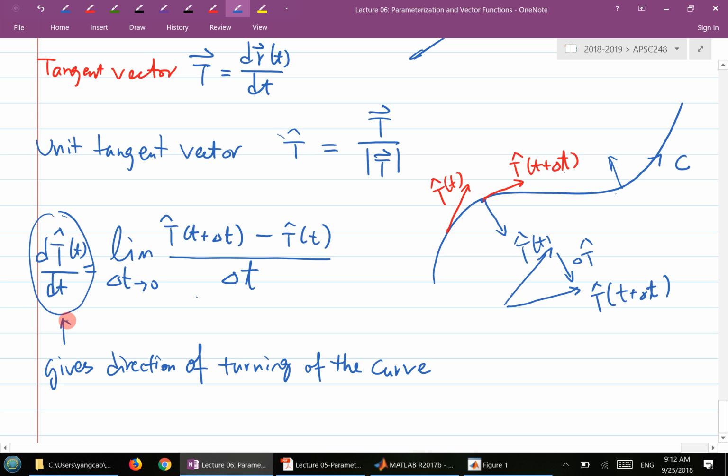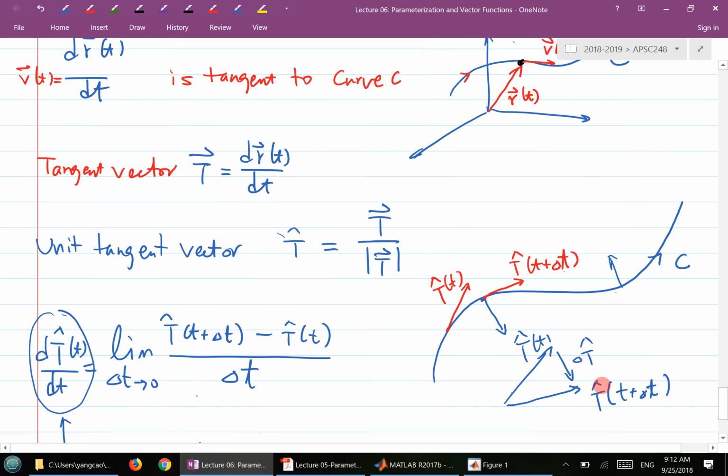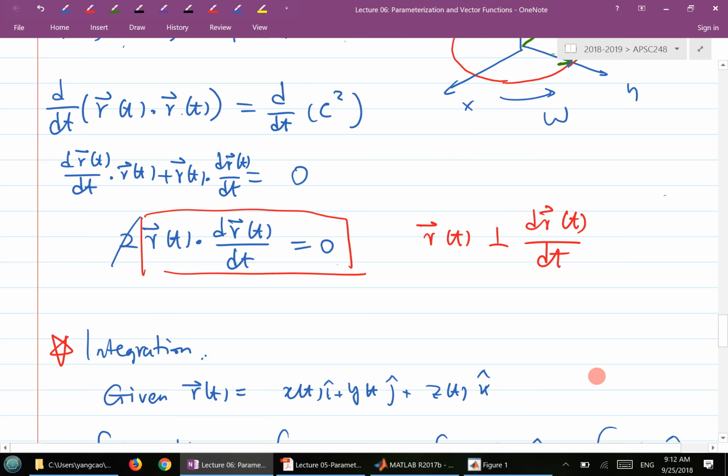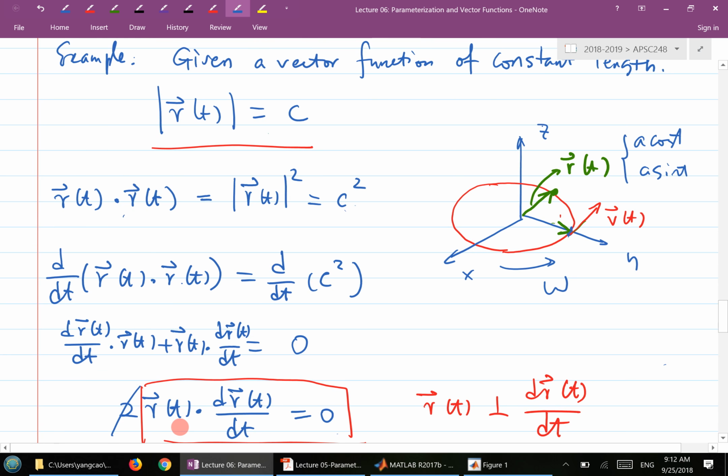Then what is the relationship between dT hat over dt and T hat? So you have T hat, you have dT hat over dt. What is the relationship between these two? Perpendicular. Excellent. Because we have shown that when you have a vector function of constant length, then its derivative is perpendicular to itself.